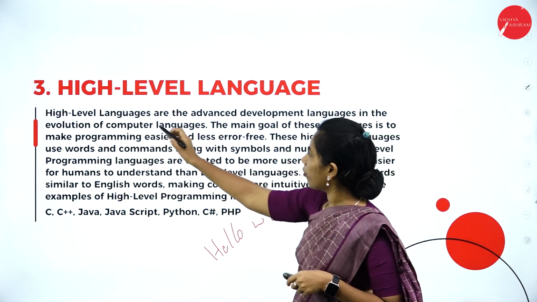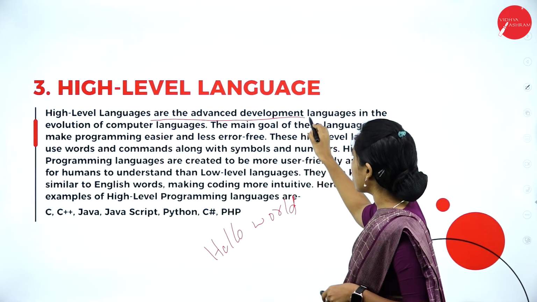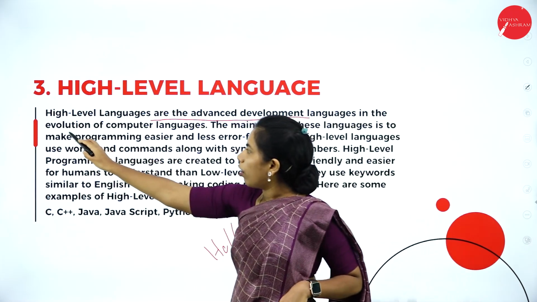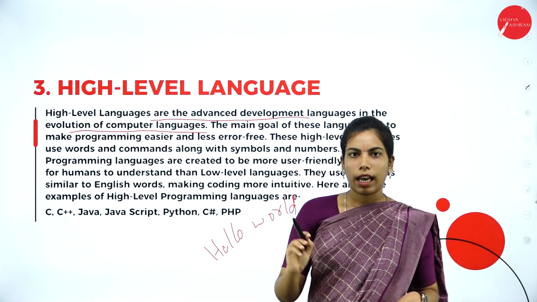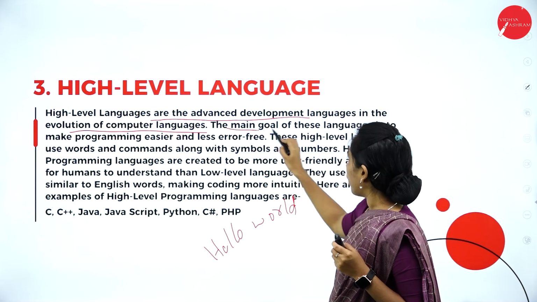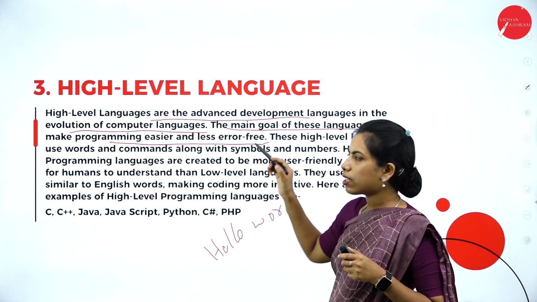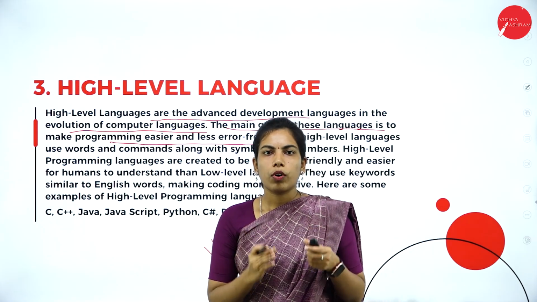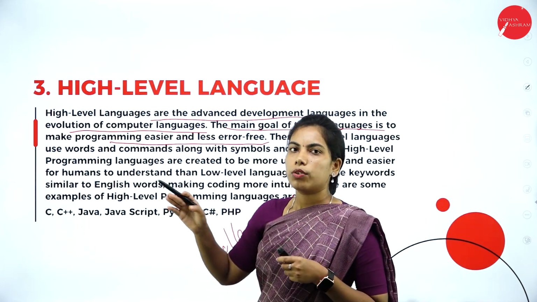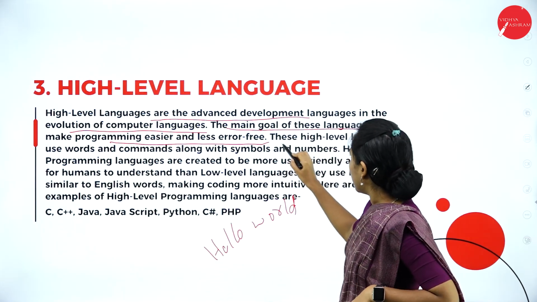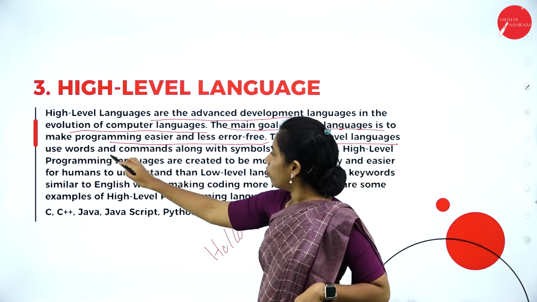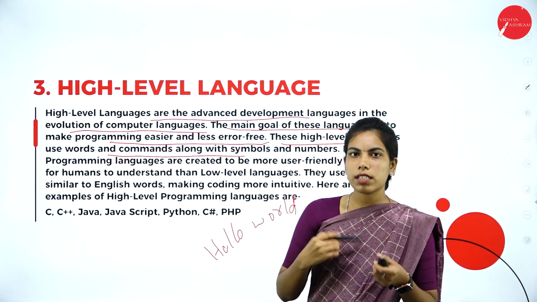So let's see the definition. High level languages are the advanced and developed stage of the evolution of computer languages. The main goal of this language is to make programming easier and less error free. Easier for whom? For the users. These high level languages use words and commands along with symbols.